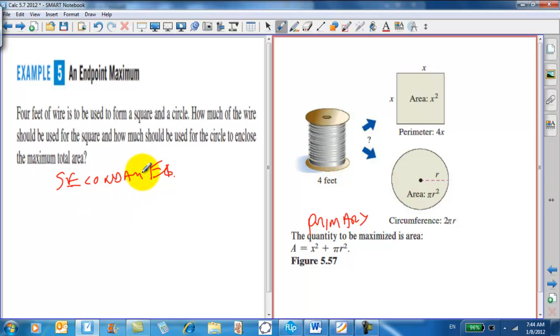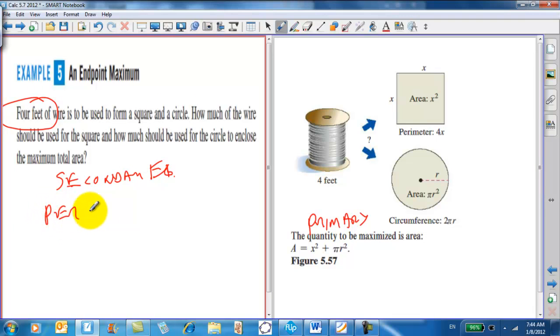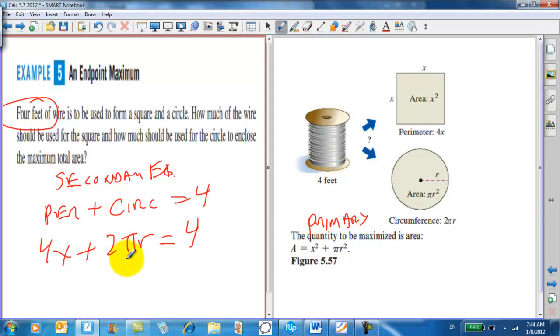Secondary equation is the fact that we're using 4 feet of wire. So the perimeter plus the circumference of the circle have to equal 4. So 4x plus 2 pi r have to equal 4. So we want to solve this for r as a function of x so we can plug it into here.